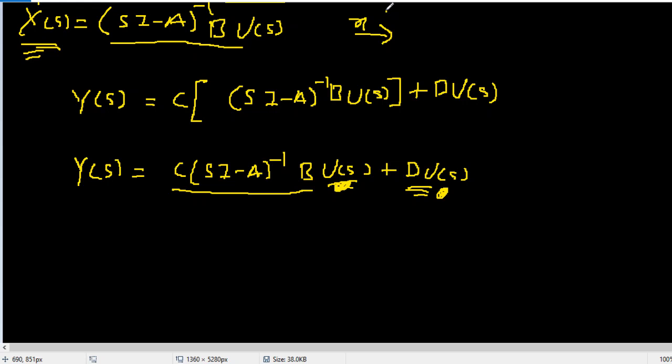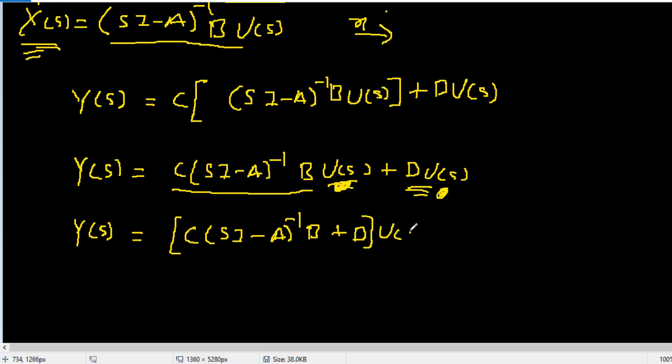So now proceeding to further simplify this equation, it becomes C (sI minus A) inverse B plus D, and this U(s) comes out.